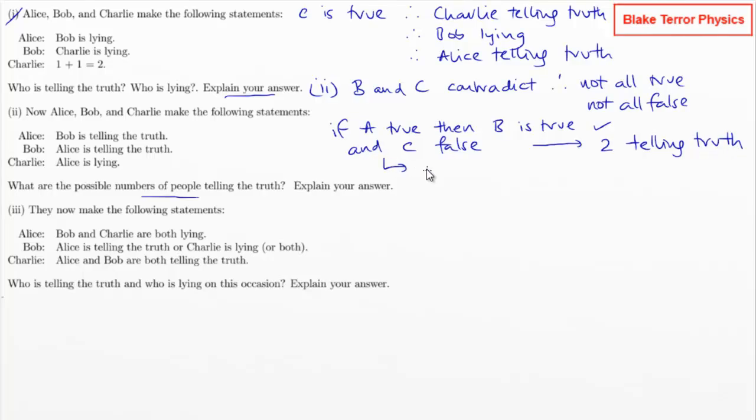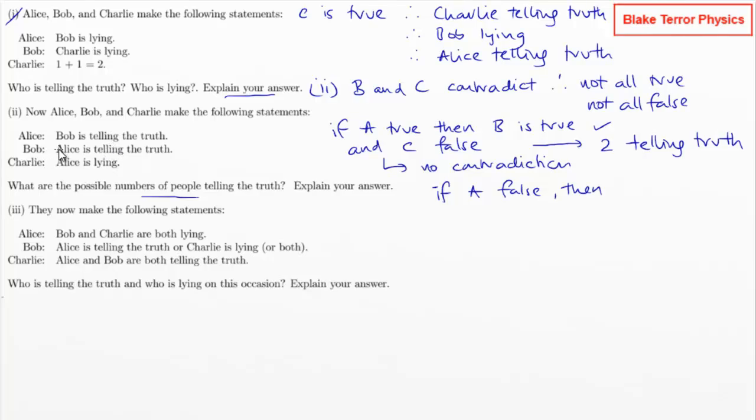And with this, we've got no contradiction at all. There's no failure of the whole thing. What if A is false? Then Alice is lying about Bob telling the truth, so Bob would be lying.